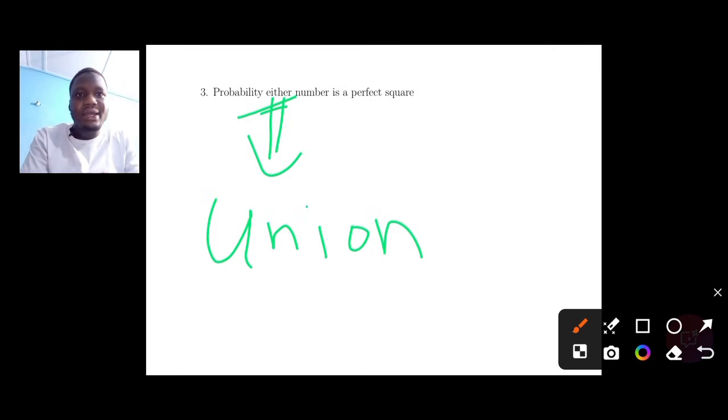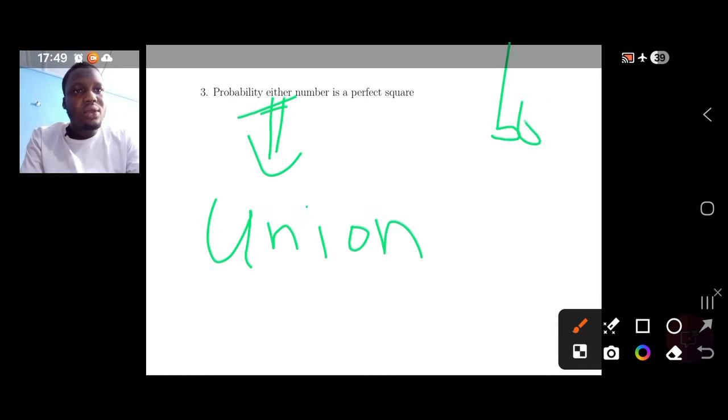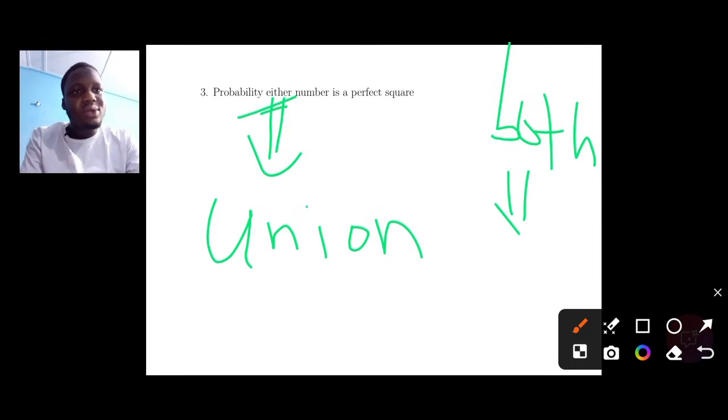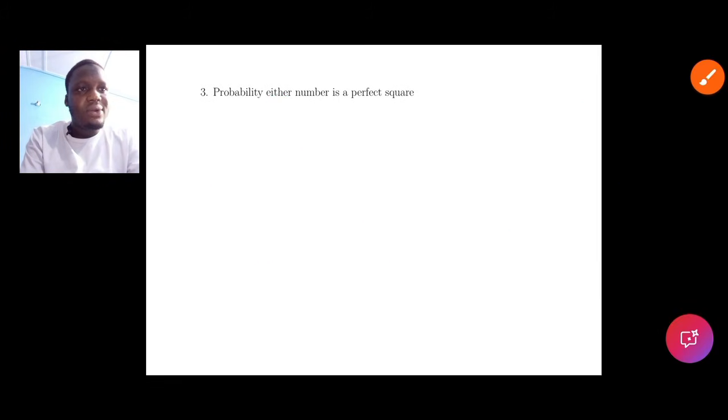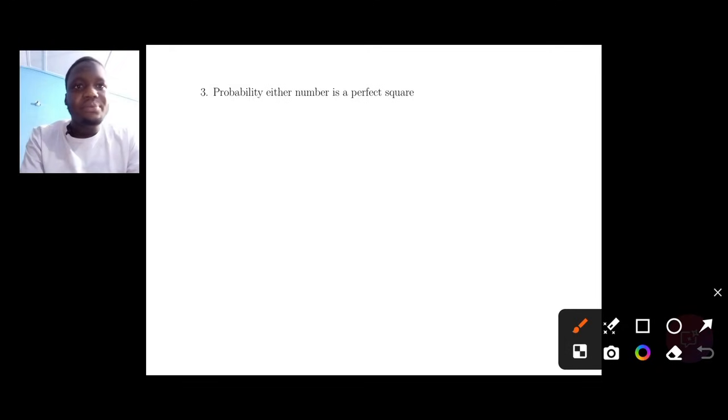And we are seeing either, which is related to union. We also saw both, which was related to intersection. So we'll be picking this stuff, okay? Either union, both intersection, at least one complement. Okay, good. So let's go ahead and find this probability.